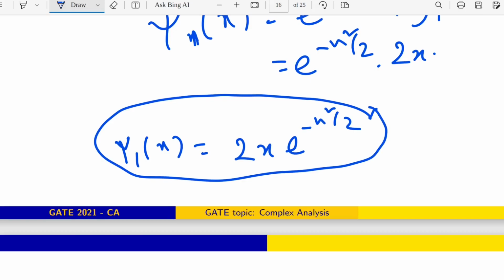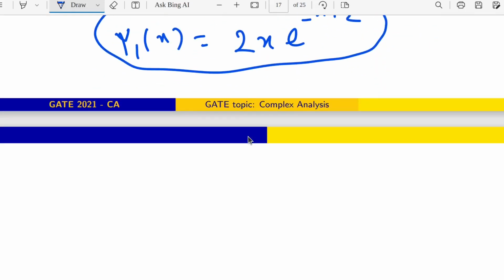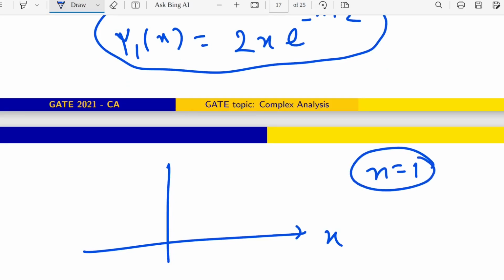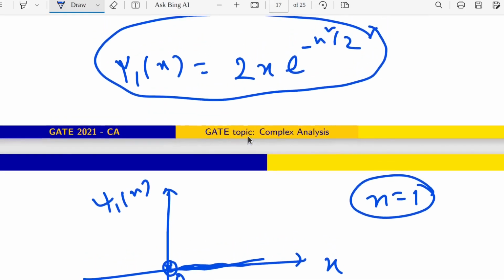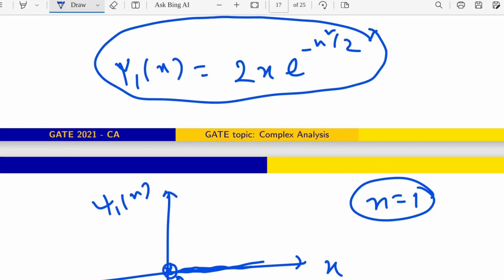What will be the nature of this plot? See here, there is x, and we are talking about the n equals 1 condition, and it is psi_1(x). So when x is, let's say, 0, it will give us a 0 value because x is there. Now whenever we are going in the positive direction, that means x is a positive value, so it is increasing due to x, right?